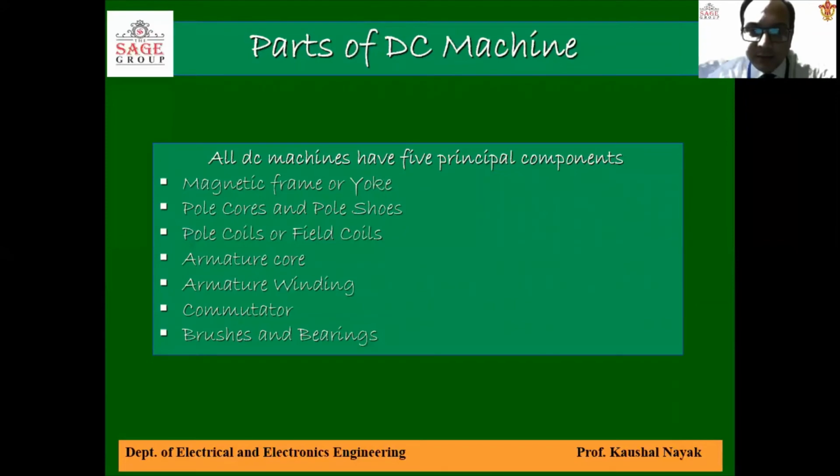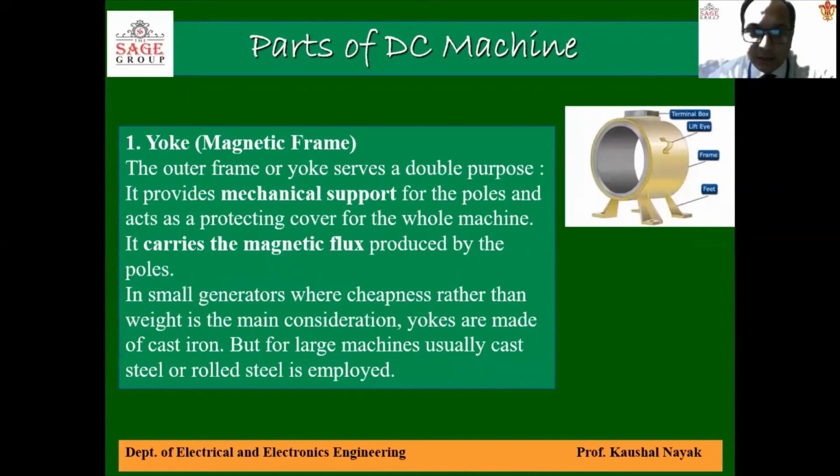There are five principal components: the magnetic frame, pole core and pole coils, armature core containing armature winding, and commutator containing brushes and bearings. The first is the yoke. The yoke is a magnetic frame, the outer frame, which serves a double purpose.